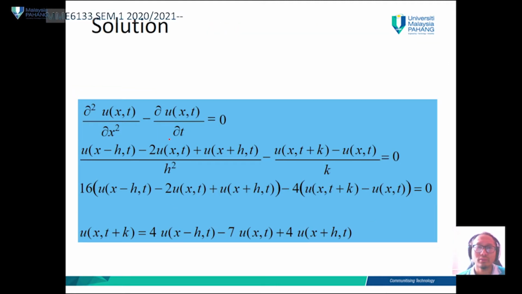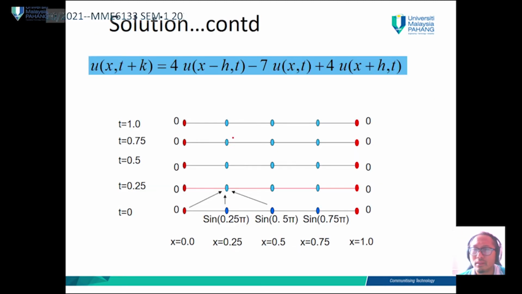Using the same equation, we replace h and k with 0.25 and 4, so we get u(x, t+k) equal to 4u(x-h, t) minus 7u(x, t) plus 4u(x+h, t). Then we draw a schematic diagram of the nodes inside the rod, where the y-axis is the temporal dimension from t0 to t1, and the space dimension is from x0 to x equal to 1.